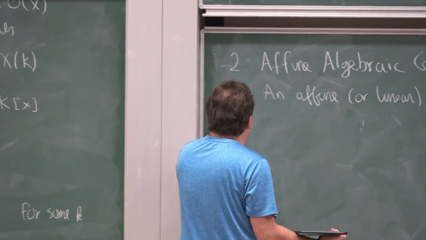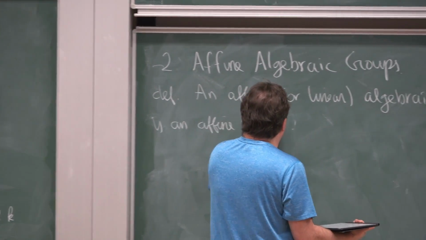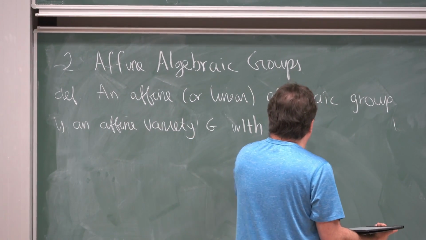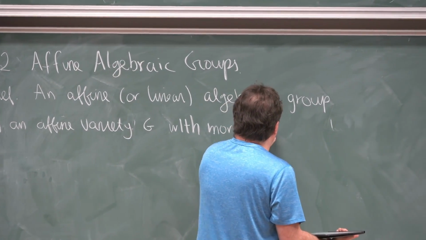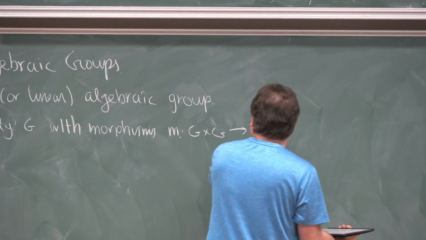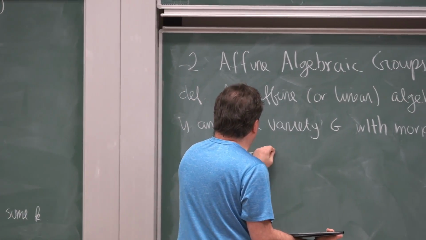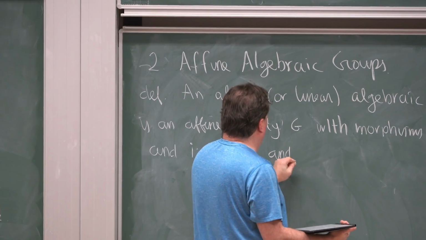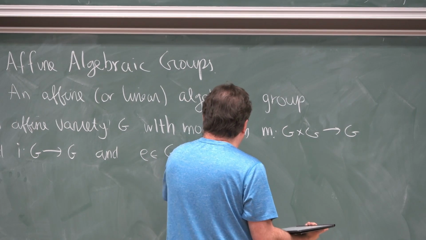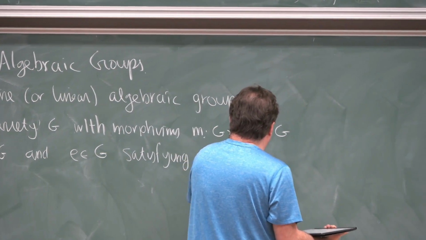So it's an affine variety G with morphisms M, G cross G to G, and I that goes from G to G, and an element, the identity element, satisfying group axioms.